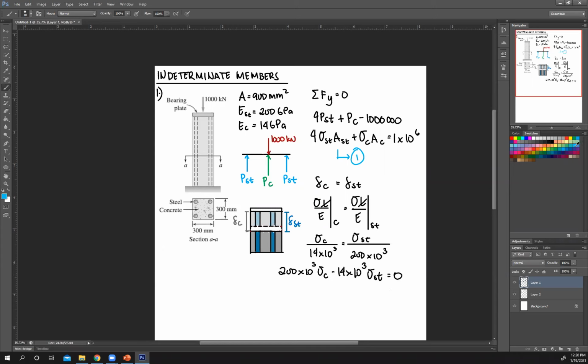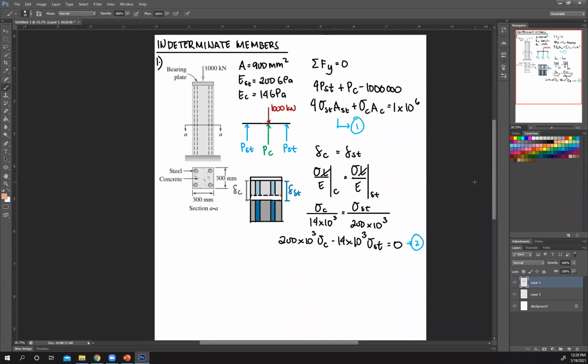And now you have your second equation there. You have two equations, two unknowns. You can now solve for stresses in steel and concrete. Okay, please solve.